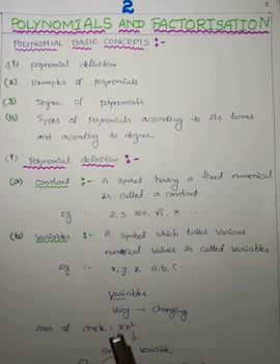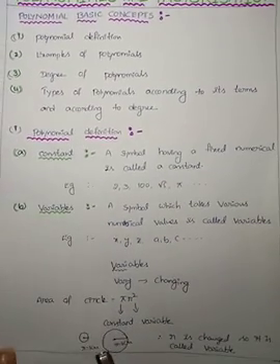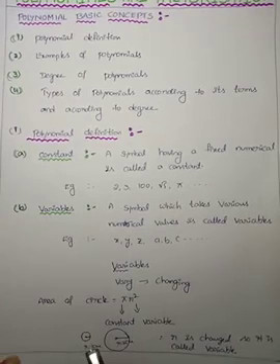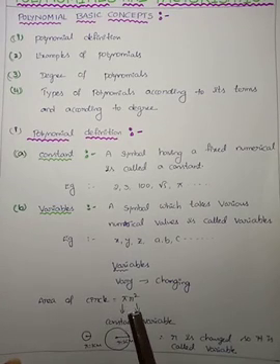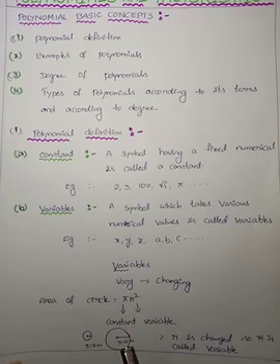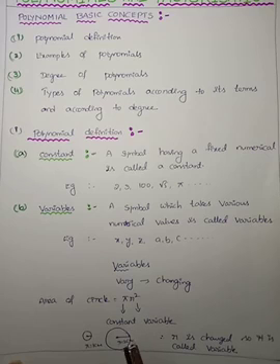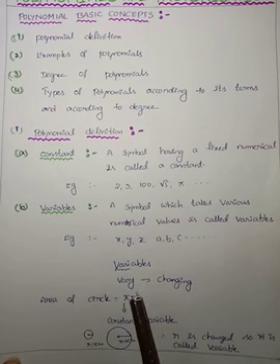If we take 1 centimeter as the radius, then the area of the circle is pi times 1 square, that is 1 pi. If we take a 2 centimeter radius, then the area of the circle is pi times 2 square, that is 4 pi.